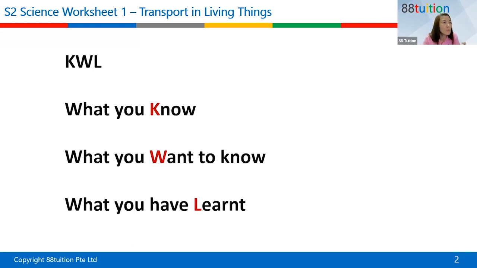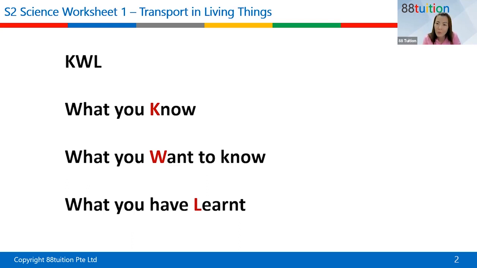Now, because Janet answered the first part, what she knows, you also know the same thing, right? Transport in living things, plants, and human. Human is the circulatory system, she mentioned. So transportation of blood, transportation of oxygen, carbon dioxide, and other waste products.